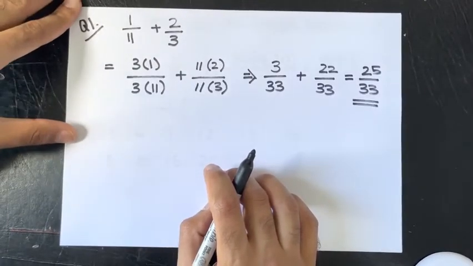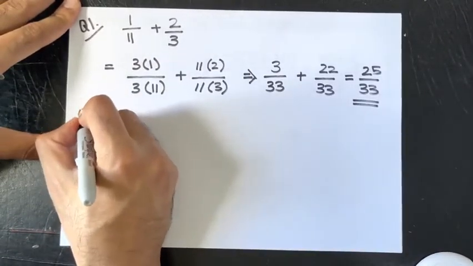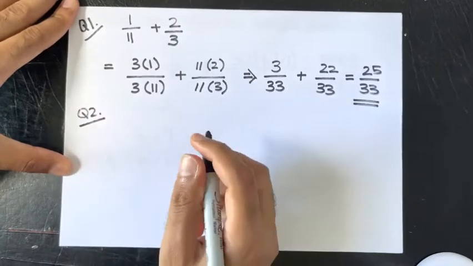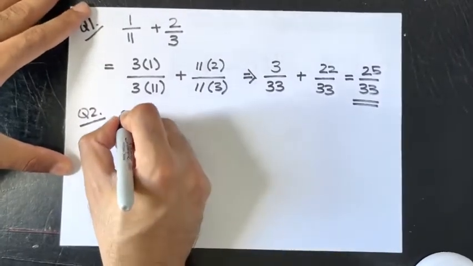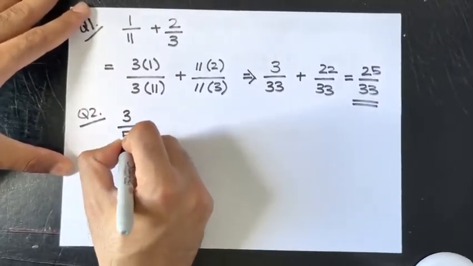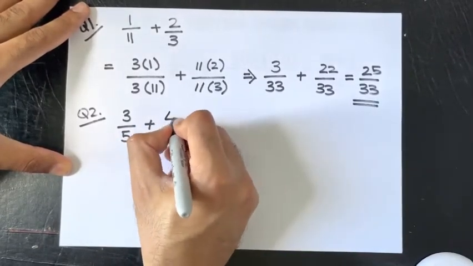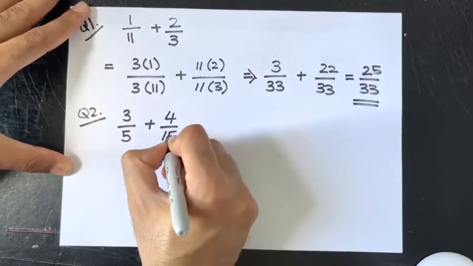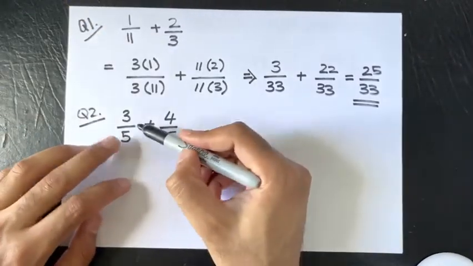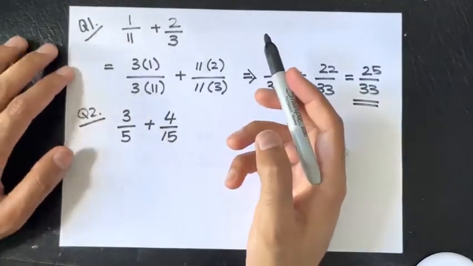Okay, I'm going to do something slightly different. So what we've got here is 3 over 5 plus 4 over 15.